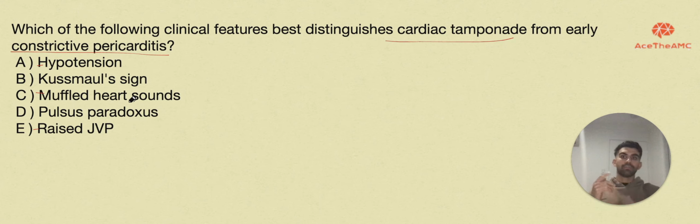We'll then talk about Kussmaul's sign. Kussmaul's sign is where you have a rise of your JVP on inspiration. Normally, you inspire, intrathoracic pressure drops, you draw more blood into the heart, which would mean that your JVP would decrease as you're breathing in.